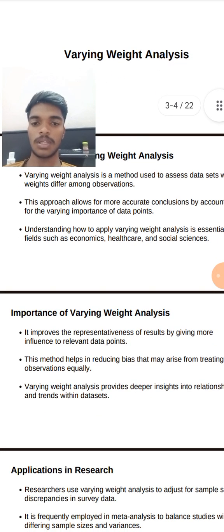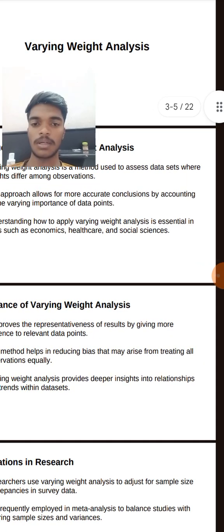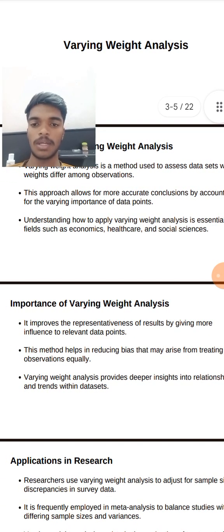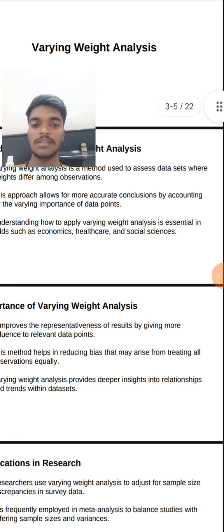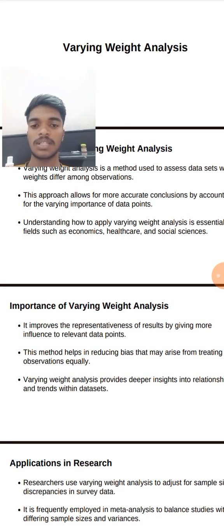This approach allows for more accurate conclusions by accounting for the varying importance of data points. Understanding how to apply varying weight analysis is essential in fields such as economics, healthcare, and social sciences.